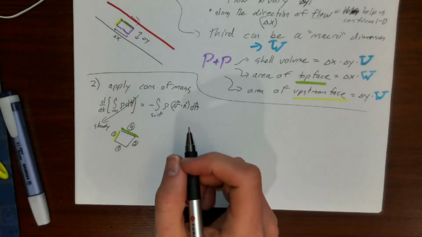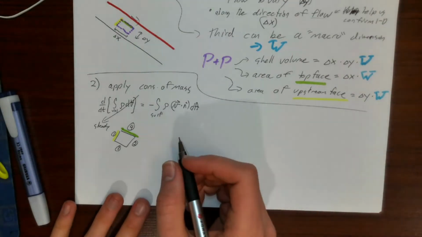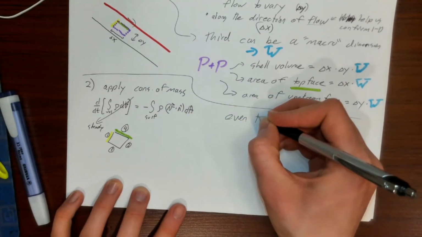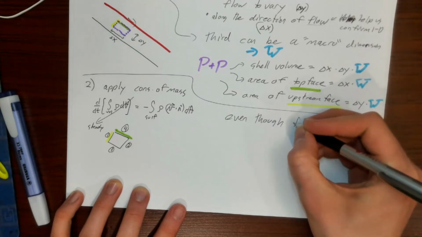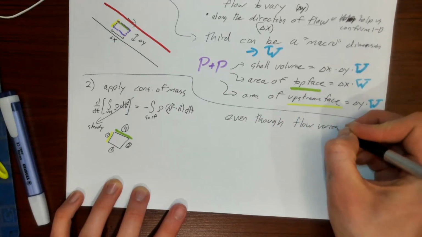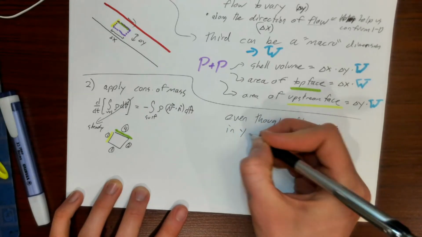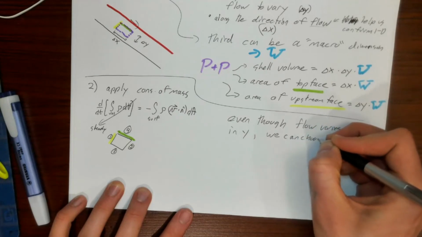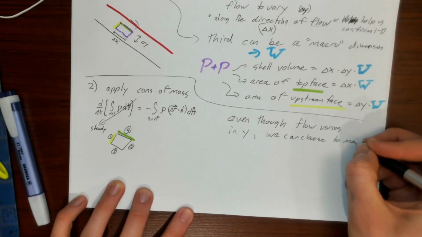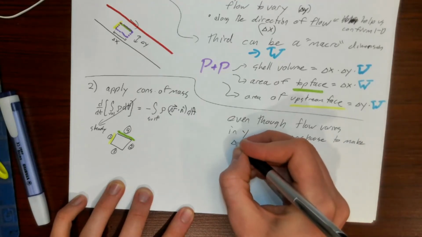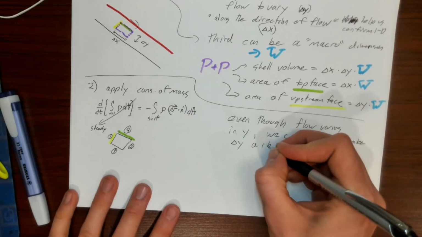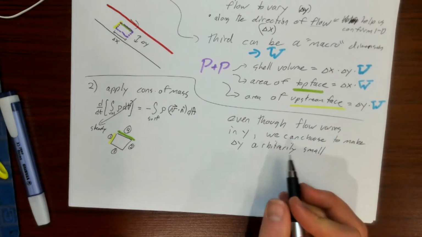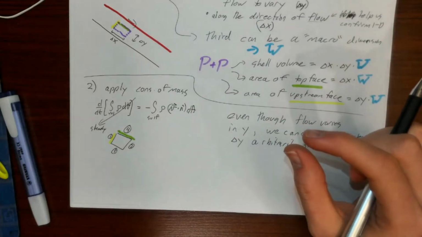So how does that help us? Well, even though flow varies in y, we can choose to make delta y arbitrarily small, in a calculus way, infinitesimally small.